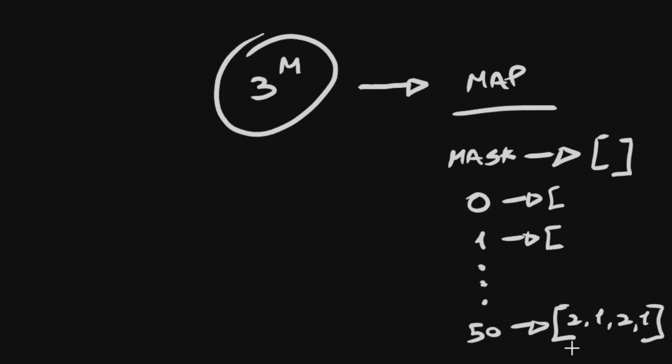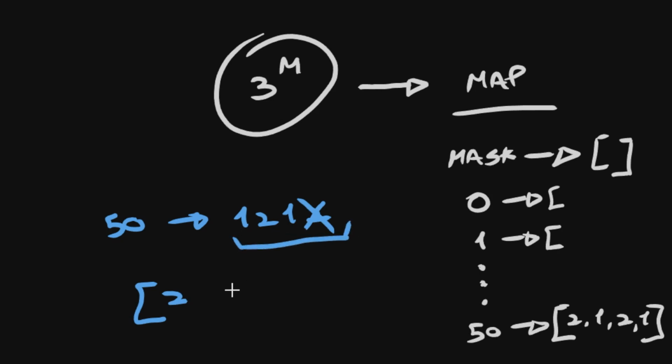So we are building every unique combination from the current key. For example, remember that 50 in base 3 is 1 2 1 2. The way we are doing this is we take the last element, we put this into an array, and we remove this from the current number in base 3.